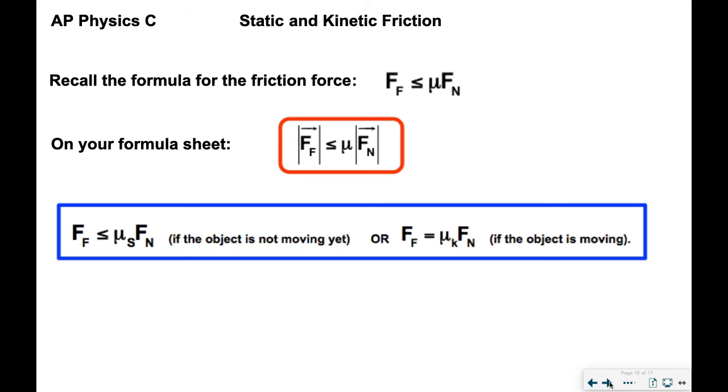So we'll talk about when the friction force can be less than the maximum, less than mu static times Fn. Once the object is moving, then we can say that the magnitude of the friction force is equal to mu k times Fn. So once the object is moving, we transition into kinetic friction, which once again tends to be a little bit less than static friction.